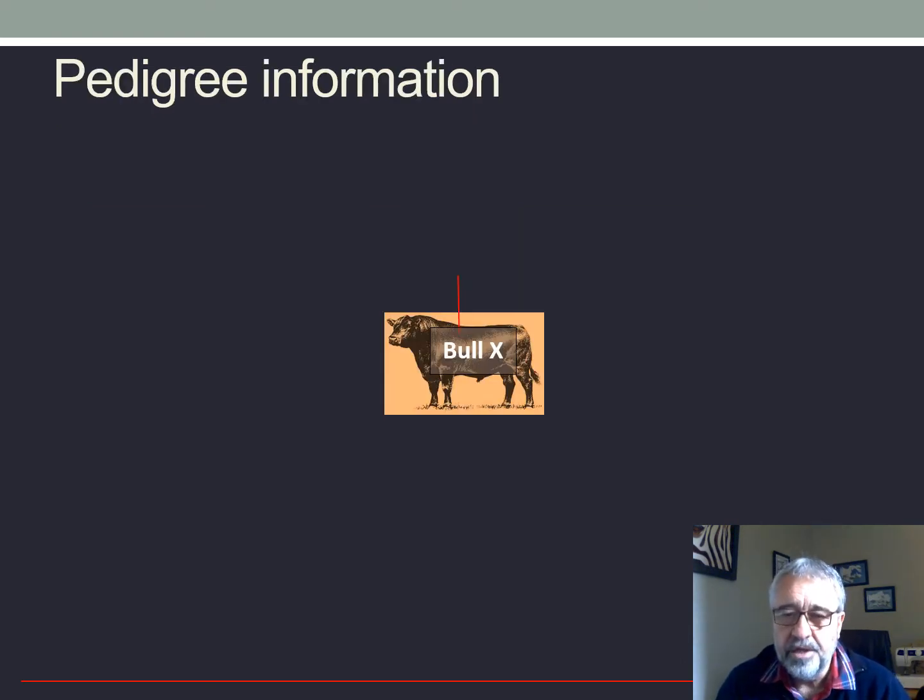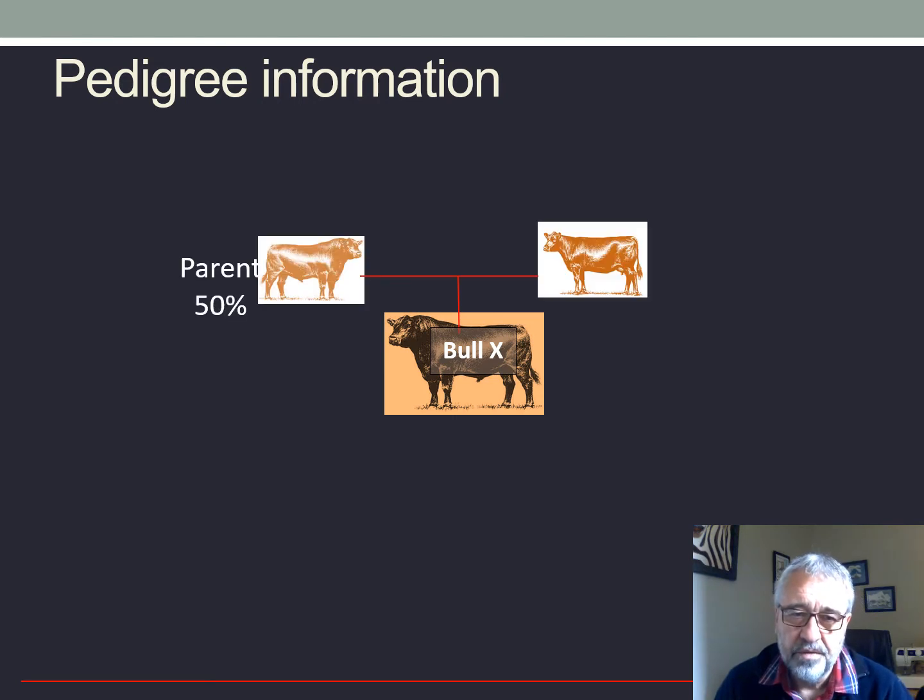Let's just look at pedigree information, and I think this is very important. What does a relationship between two animals mean? It means that they share common parts of the chromosomes or the genes. So if we have bull X here, we know that there's only one place that his genetic makeup can come from, and that's from his sire and his dam. So he shares 50% of the genotypes, or the genetic part, of each of these parents.